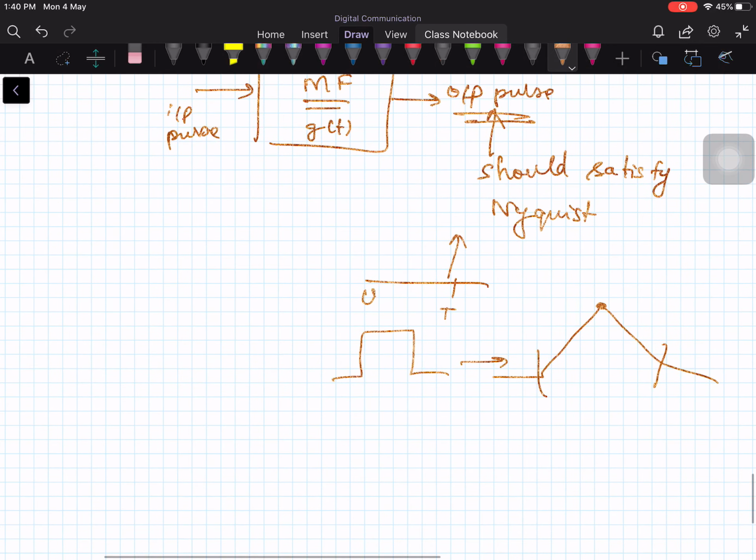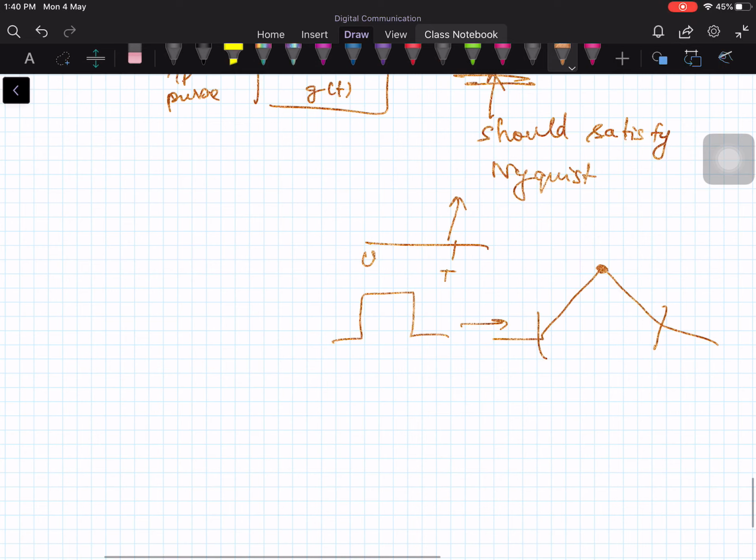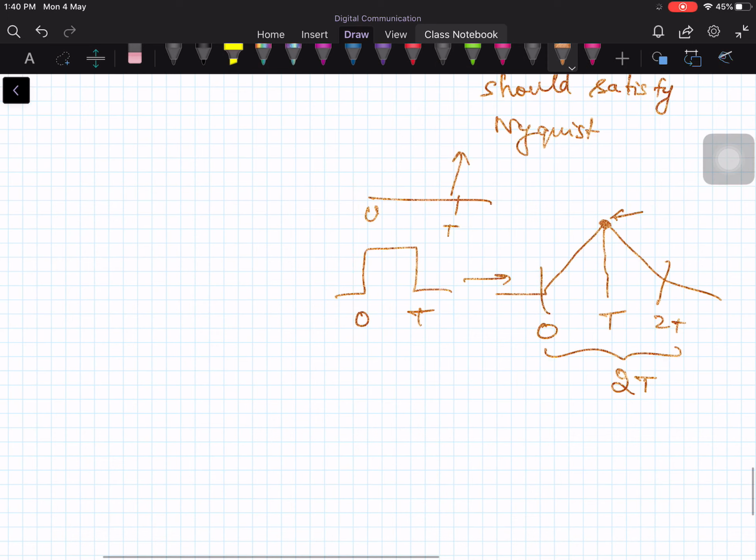Now see, this is a sampled value. You are sampling at T, so this is 0, this is T, and this is 2T. The total duration is 2T, and this is a sampled value.